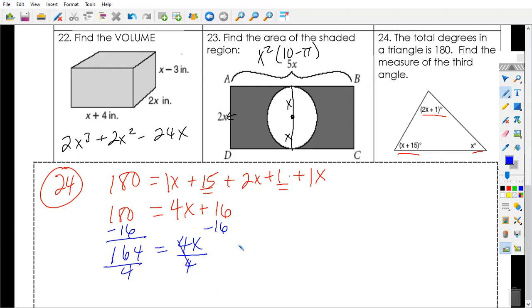Okay, what is the value of my x? It's 41. 4 goes into 16 4 times. 4 goes into 4 1 time.